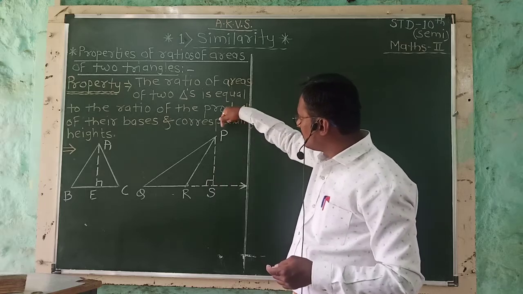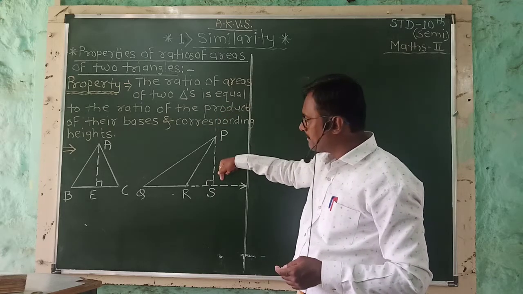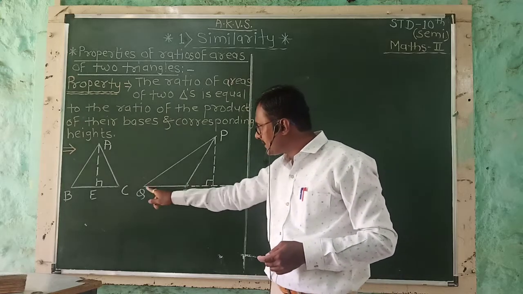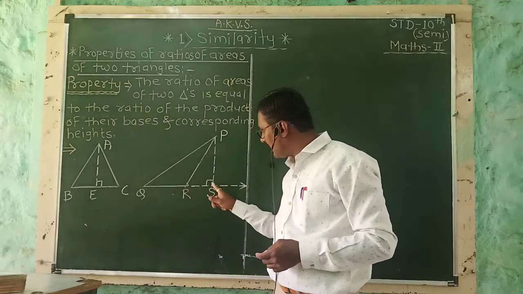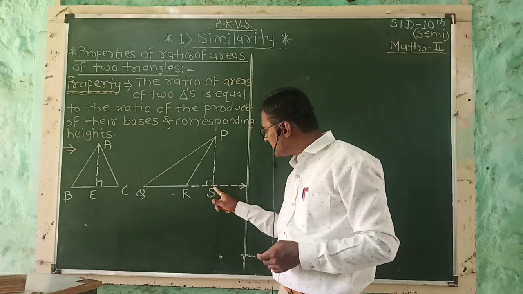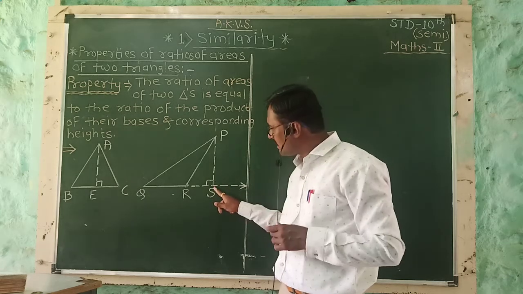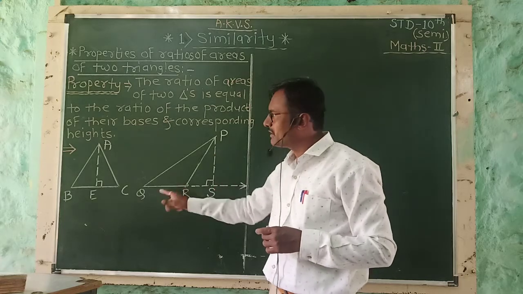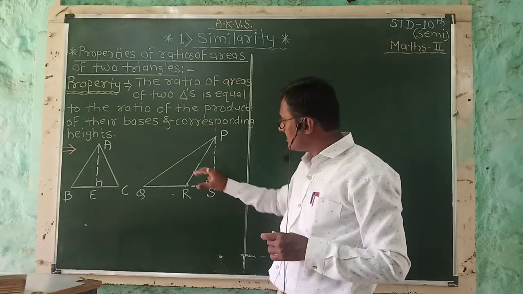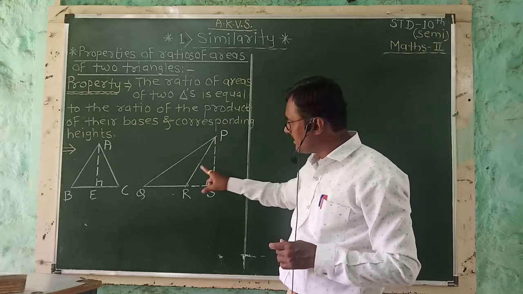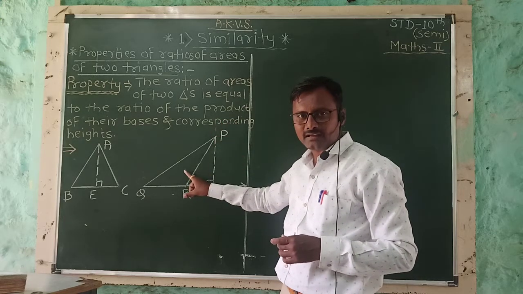When you draw the perpendicular from vertex P to side QR, that perpendicular meets at S, which lies outside the triangle PQR. This happens only when the triangle is obtuse.